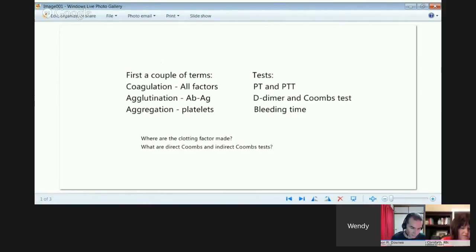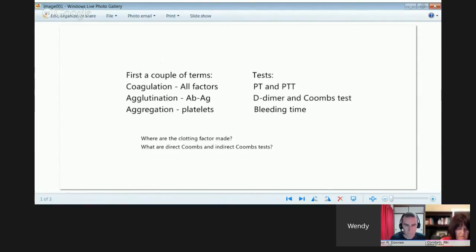I have here it says the indirect Coombs test is used in prenatal testing of pregnant women and in testing prior to a blood transfusion. Yes. So that's one of your big times. When we tell people to take blood to type and cross check, it involves a Coombs test.